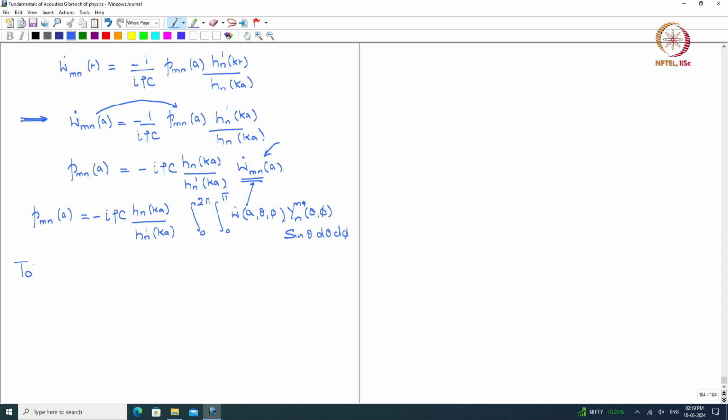And the total pressure now is as before, I am just repeating, summation over n, summation over m, p_mn of a, which is now in terms of the velocity profile at radius a, by Hankel n of Ka, Hankel n of Kr, Y_mn (theta, phi).